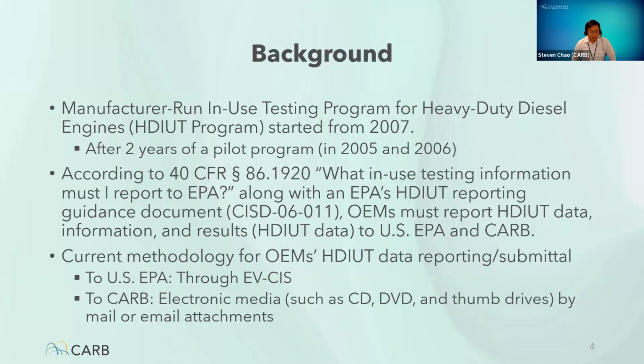Currently, manufacturers submit their data to EPA through their web submittal system, EVCIS, and submit data to CARB via some form of electronic media by mail or by email as attachments.